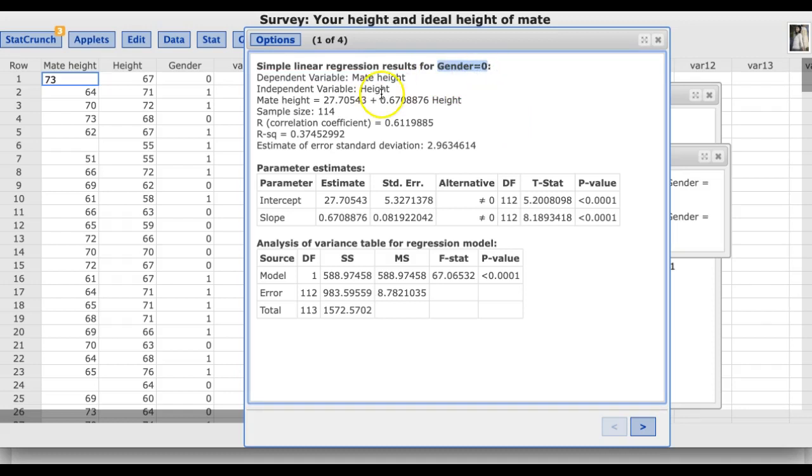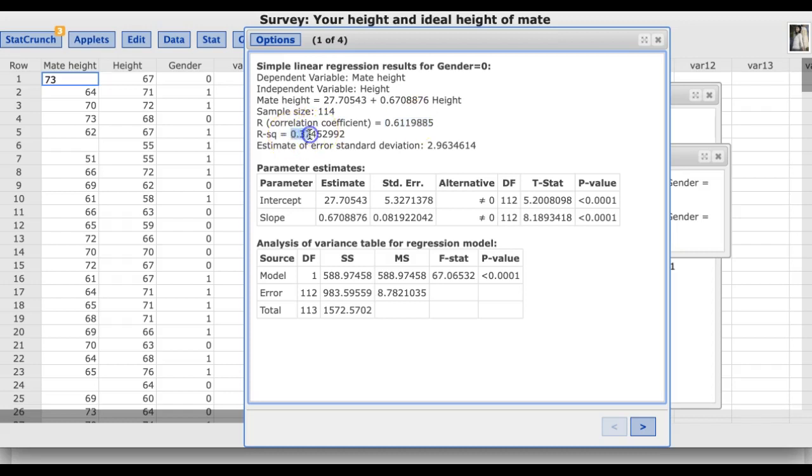What it's telling us is that the predicted mate height is equal to 27 inches plus 0.67 times the height of the respondent. Our sample size is 114. The correlation coefficient is 0.611, indicating a somewhat strong positive linear association.